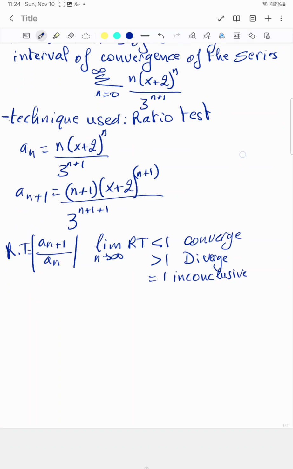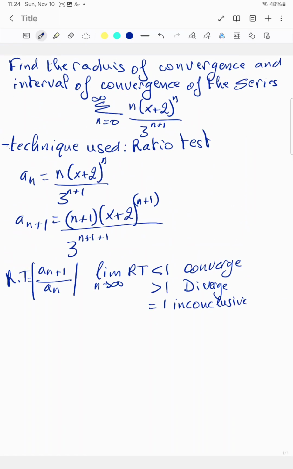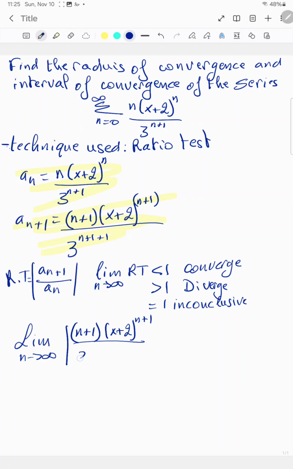So let's start by doing the ratio test, which is a_(n+1) divided by a_n. So I have to study the limit when n goes to infinity of the absolute value of a_(n+1), which is here, my a_(n+1), times (x plus 2) to the power of n plus 1 divided by 3 to the power n plus 2, where 1 plus 1 equals 2.